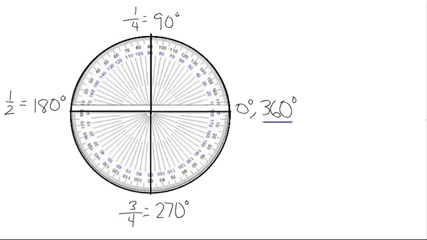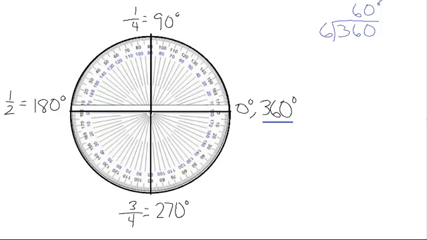So 360 divided by 6, and we end up with 60 degrees.